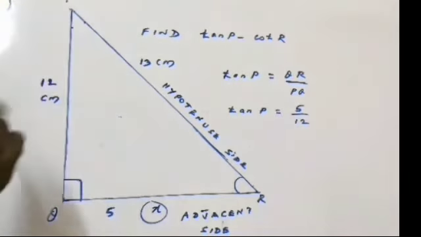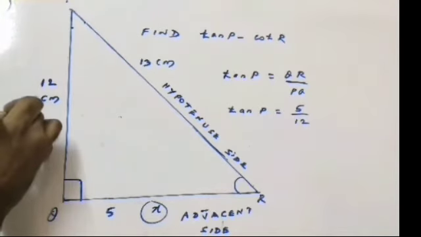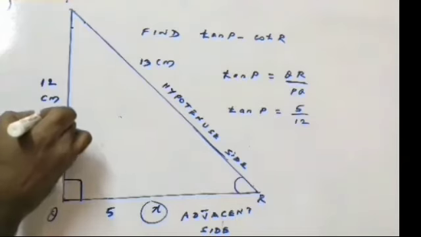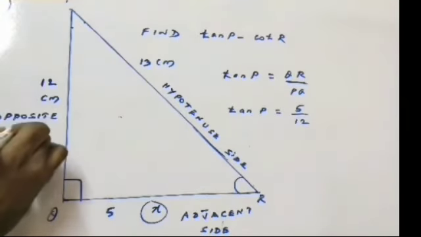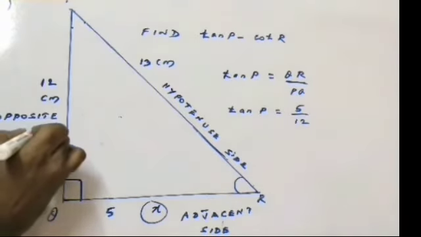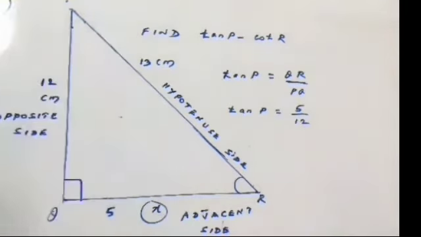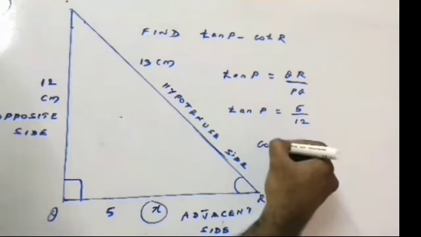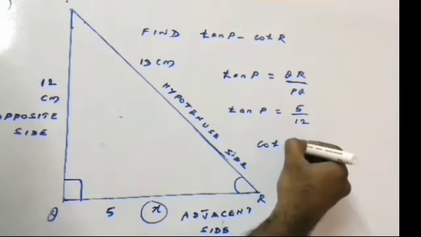The vertical portion here is the opposite side. The slant side is called the hypotenuse side, no doubt. Now you are going to find cot R.